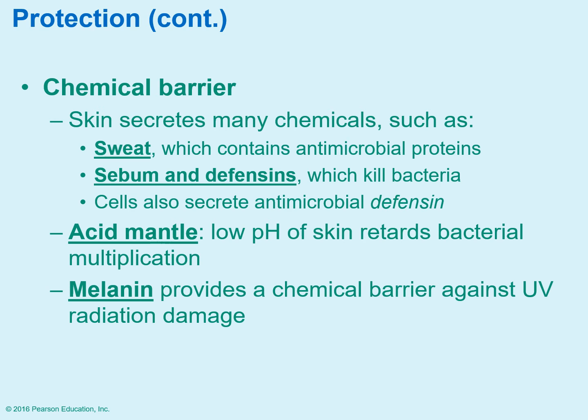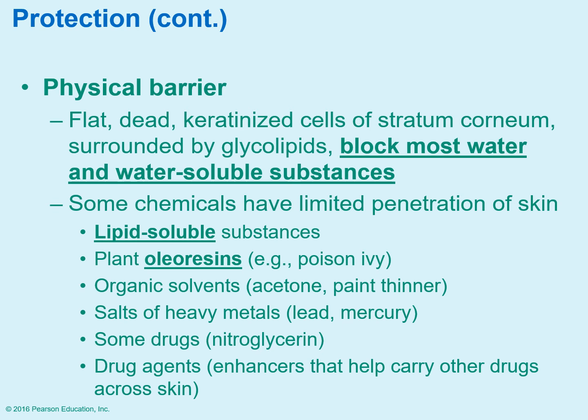Another chemical barrier is the melanin, as I have mentioned before, that acts as a barrier against UV damage. As a physical barrier, you've got all those layers of dead cells that are very tightly held together. They tend to block most water and water-soluble substances from entering. Now, some chemicals can penetrate a little bit into the skin.